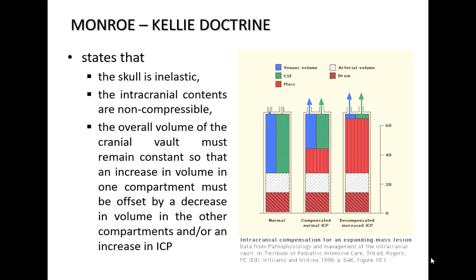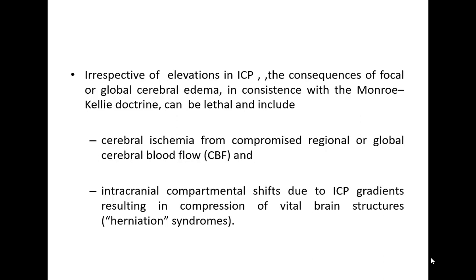So we all know the Monro-Kelly doctrine, which states that the skull is inelastic, intracranial contents are non-compressible, and the overall volume of the cranial vault must remain constant, so that an increase in volume has to be offset by an increase in ICP. So irrespective of the elevation of the ICP, the consequences of focal or global cerebral edema are inconsistent with the doctrine.